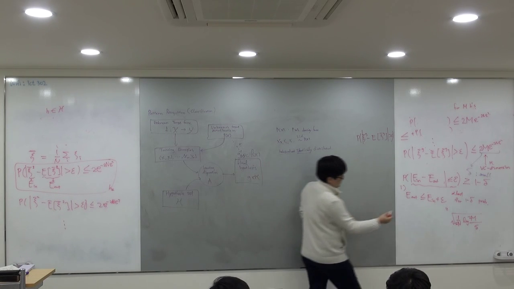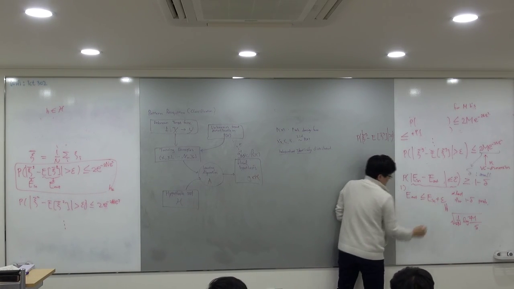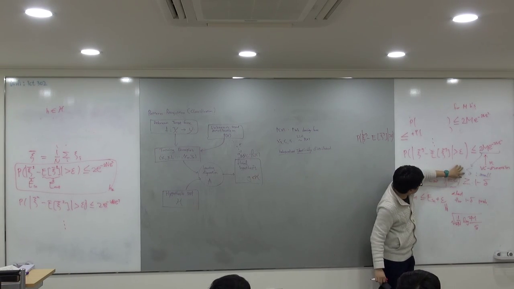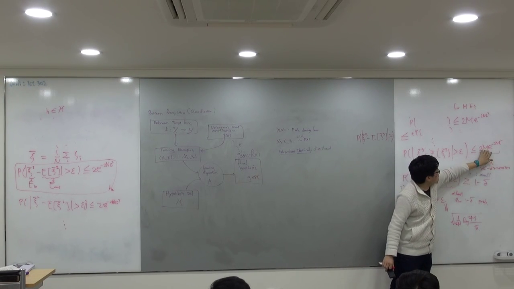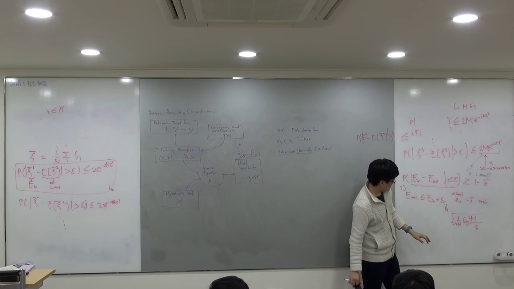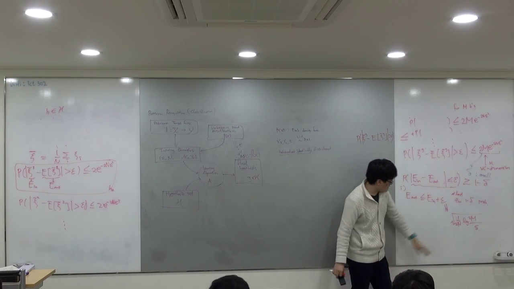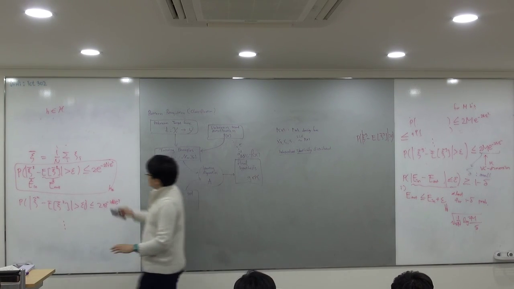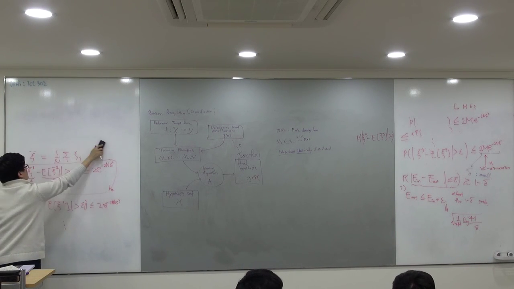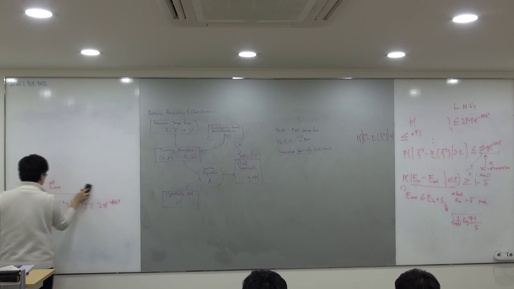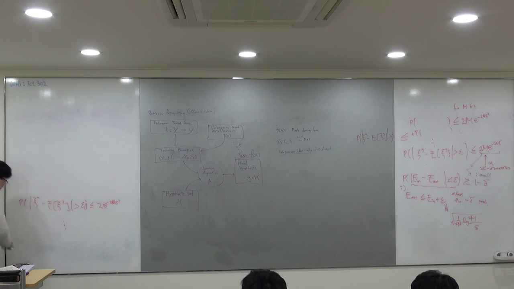Because we define delta to be equal to this term, you can inversely calculate what epsilon is in terms of delta. So you just use a simple calculation, and you get that epsilon is this one. So finally, we got the inequality with this concept.